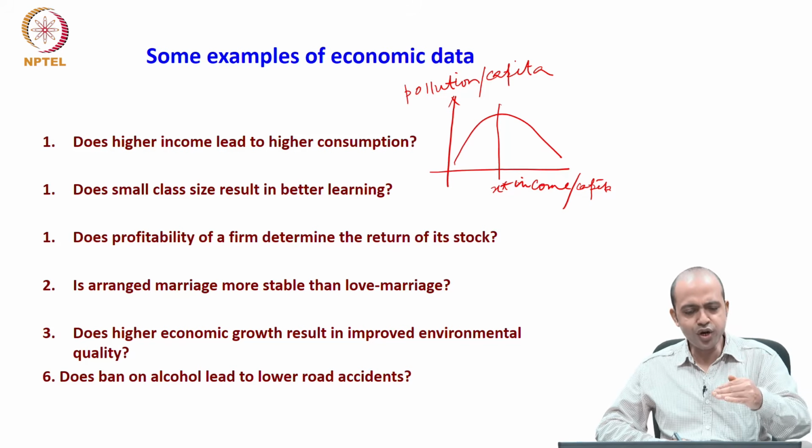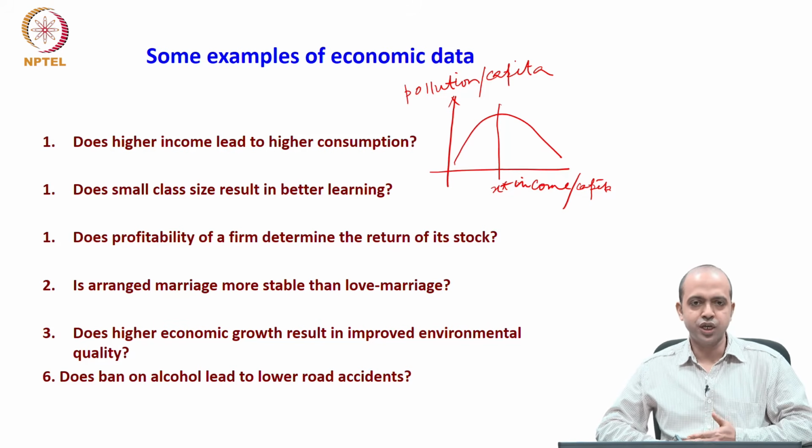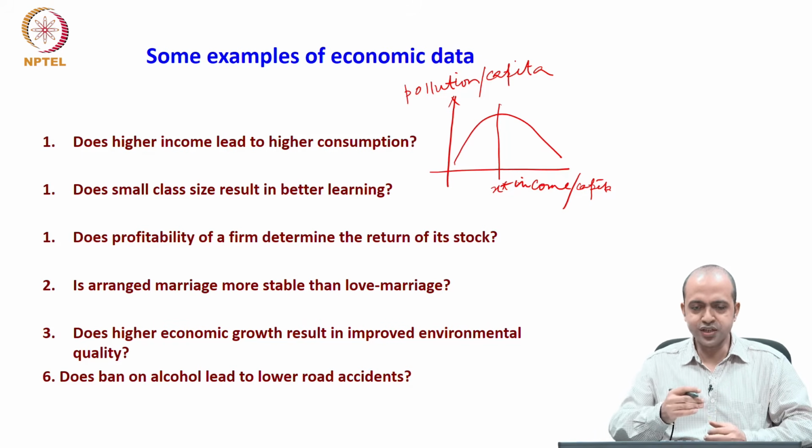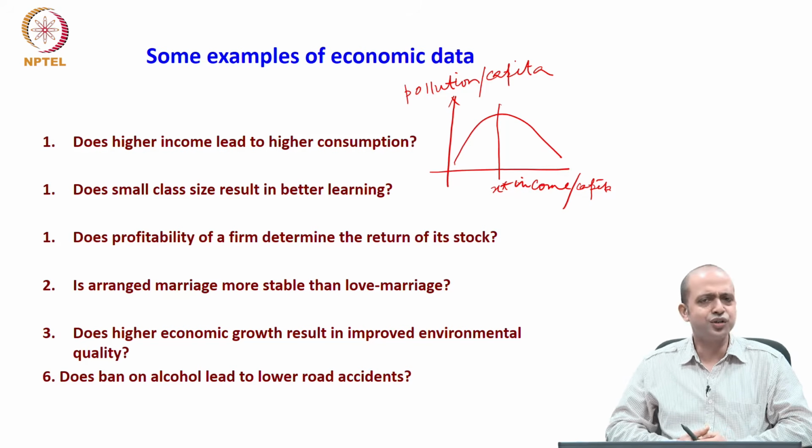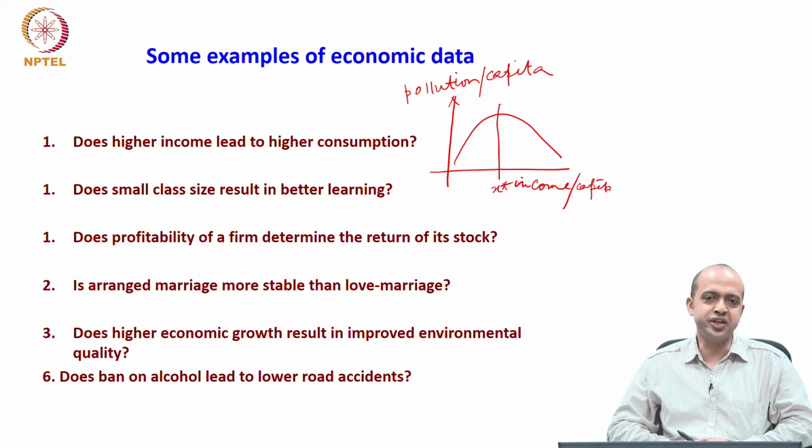So the point I am trying to convey here, if you look at all these examples, is that they are not data only on GDP, money supply, rate of interest, inflation, and so on and so forth, which is generally what we think of as economic data. Rather, these are all economic data reflecting some type of social problem, right.